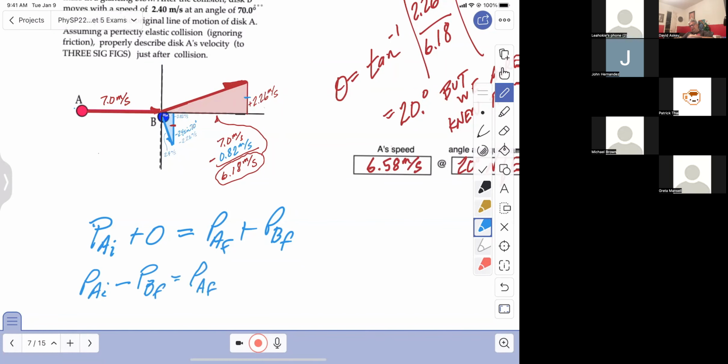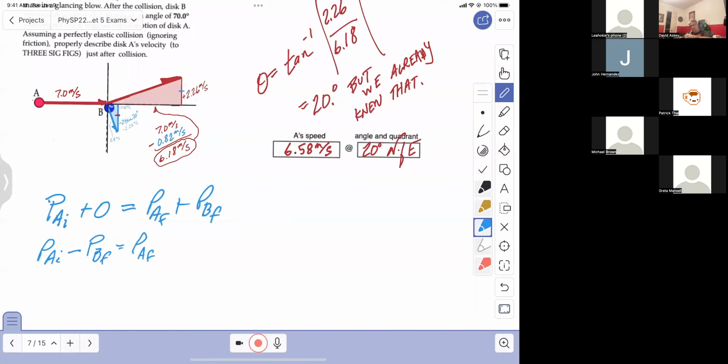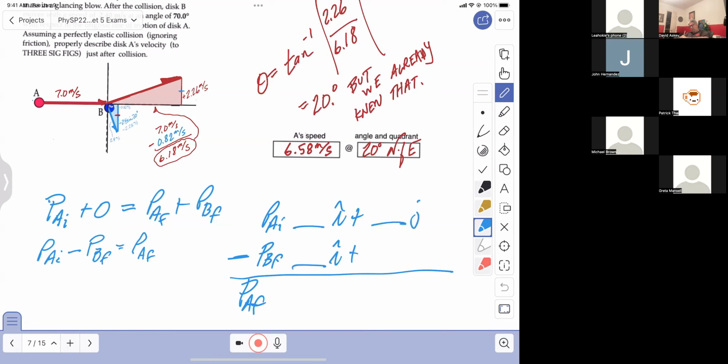Then for the stack and rack, if I was going through the whole process, I would have PAI here and minus, or the opposite of, PBF here. I'm stacking those two. My answer is going to be PAF, so I would have something I roof plus something J roof.